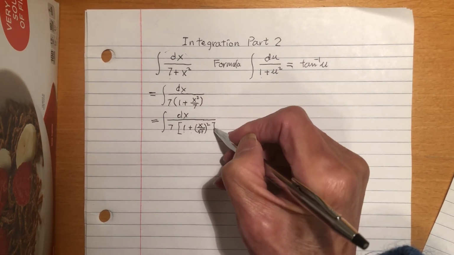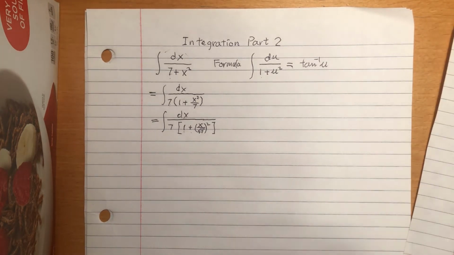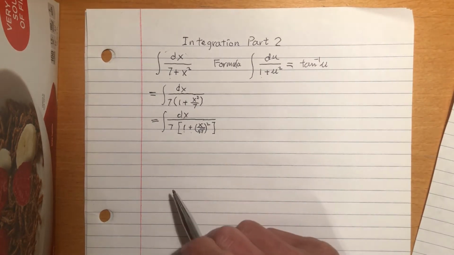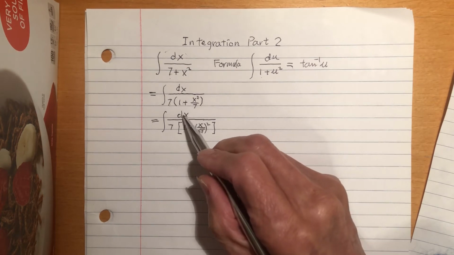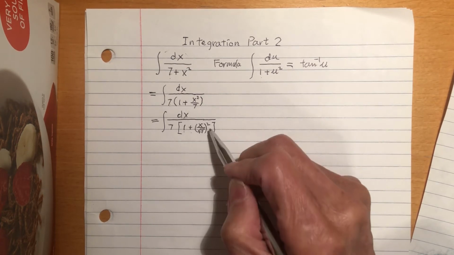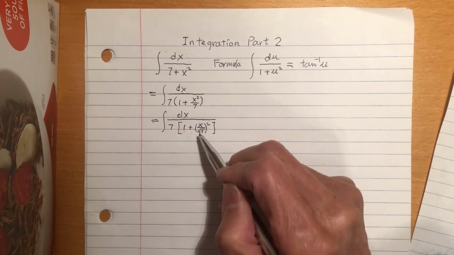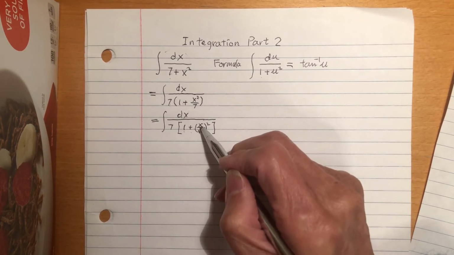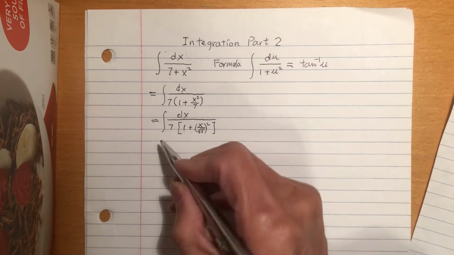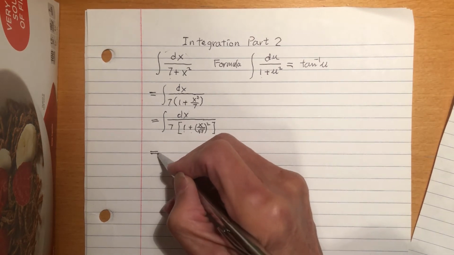All right. But if I call this u, I must have u here, but I don't have u because u is x over square root 7. So I want to make this part the same as x over square root 7. How do I do that?